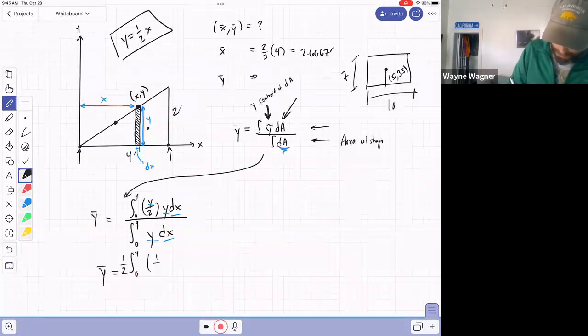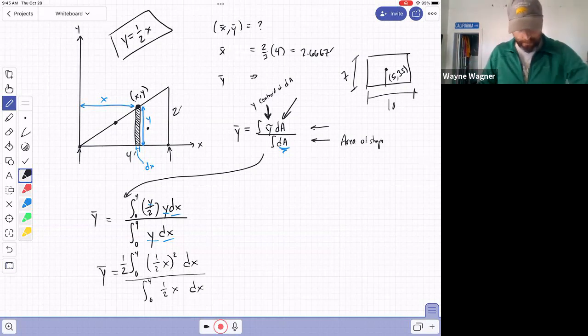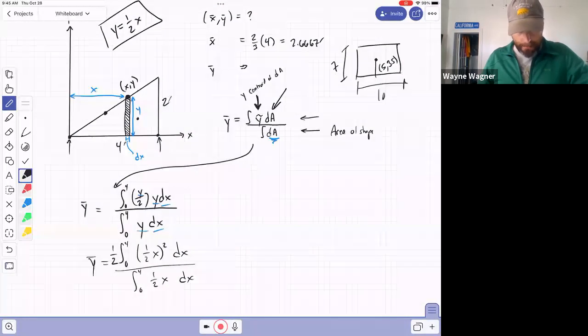And in place of y squared, I'm going to have 1/2 x squared dx over the integral from 4 to 0 of, oh wait, is that right? Yeah, 1/2 of x dx. That can be solved. I think that's a tractable solution.